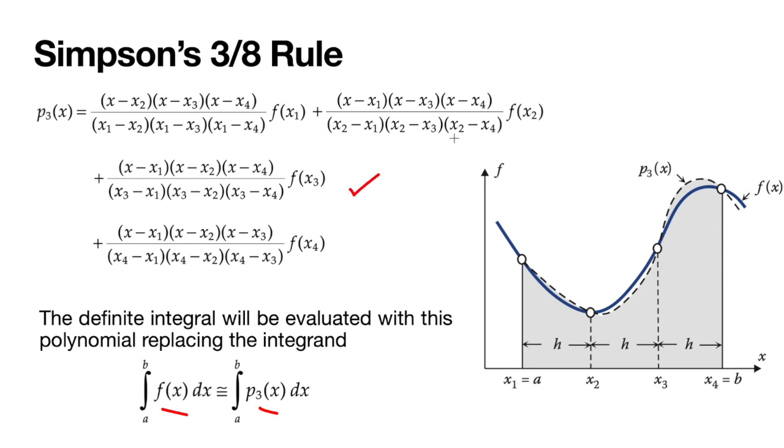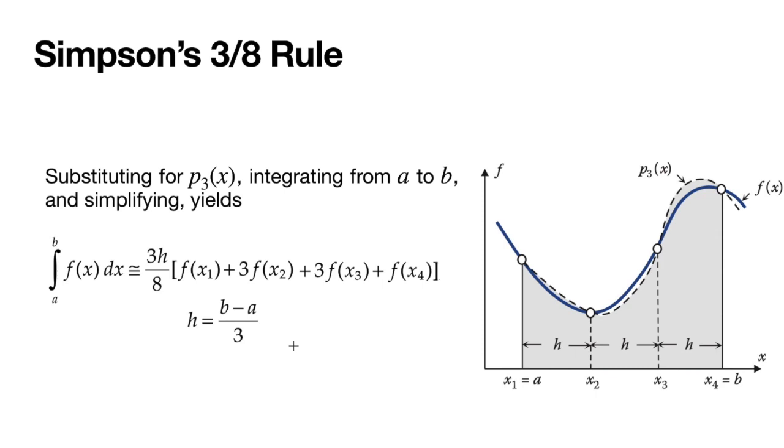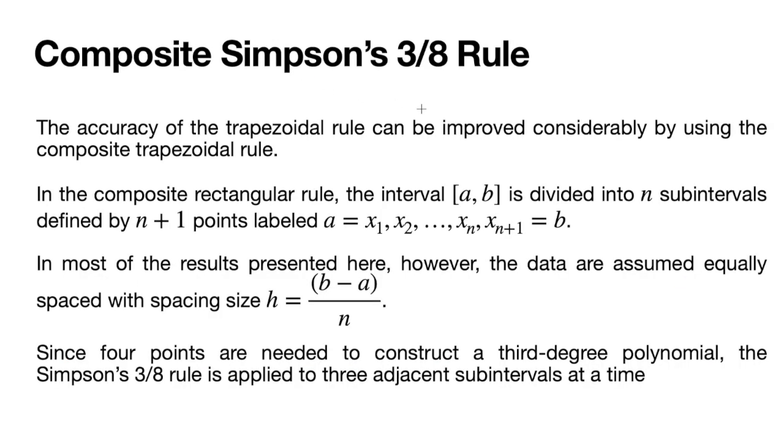So we will put this function here and simplify the results, and then we can get the formula for Simpson's 3 by 8 rule. You can see that it is multiplied by 3 by 8, so that's why it's mostly referred to as the 3 by 8 rule. Similarly, we will also have to calculate it in the composite form.